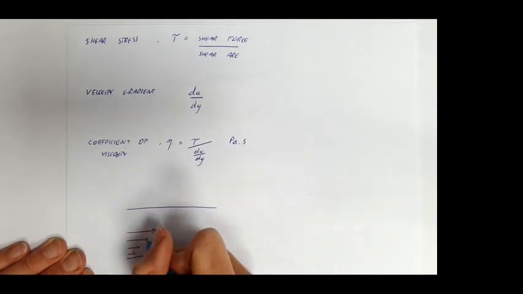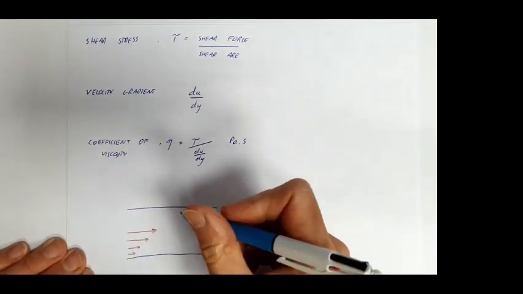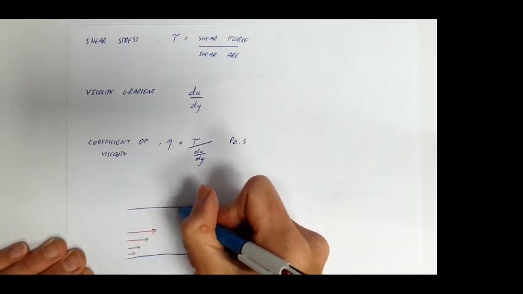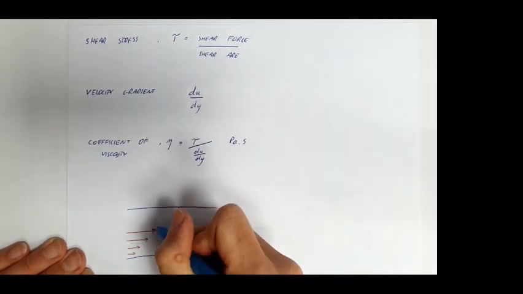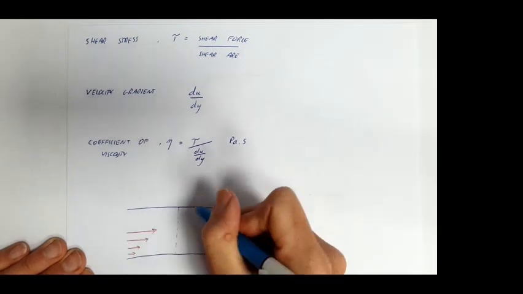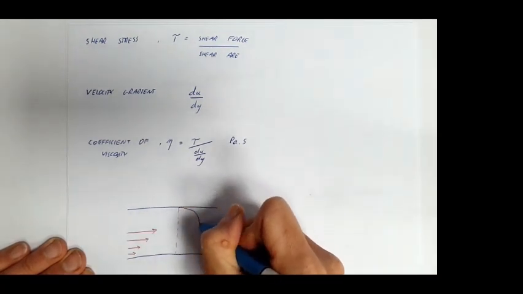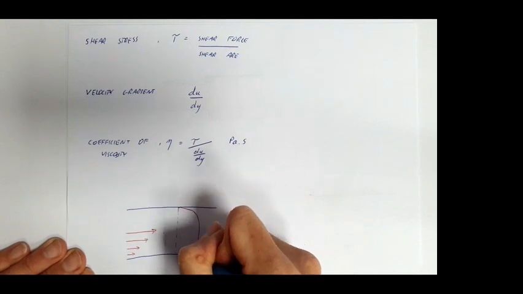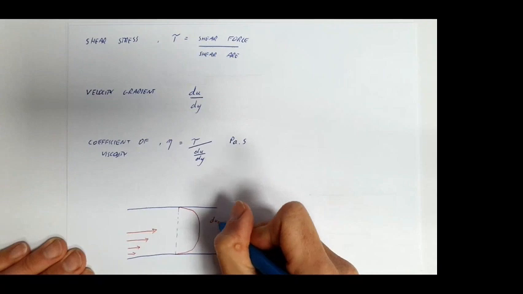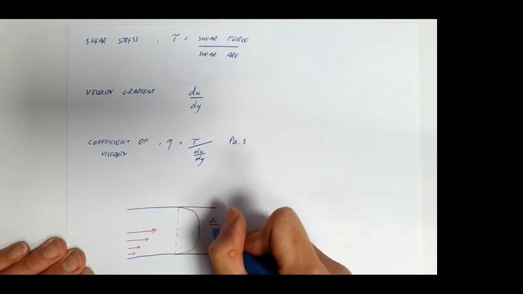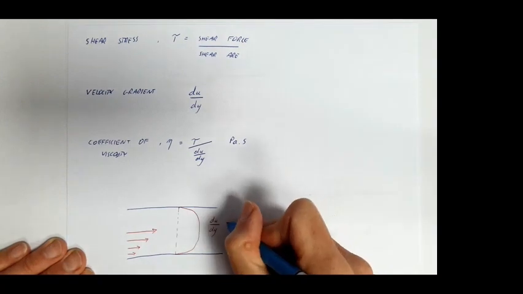So that velocity gradient is going to be dependent on the viscosity of the fluid. So if I were to draw a line which is the front of these vectors, my velocity gradient might look something like this, where du by dy, velocity gradient, is highest at the wall.